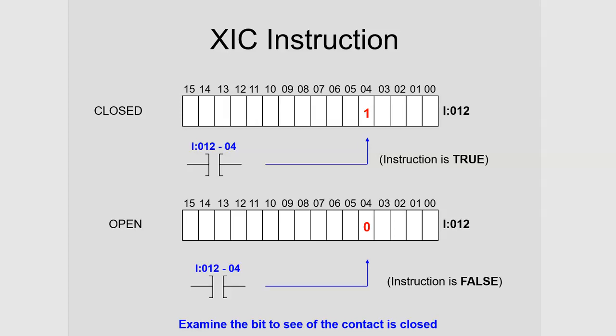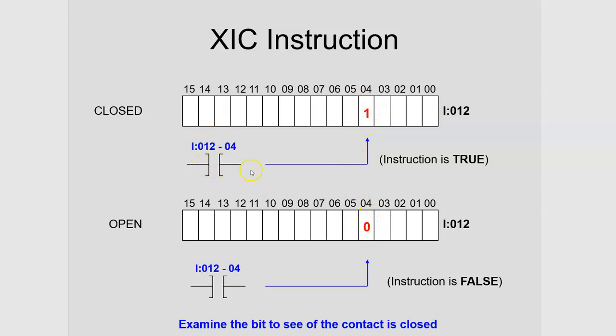It's labeled 0 through 4, so it would actually be the 5th one. But on the input module, there are a set of screw terminals, and the one labeled 04 is the one where we have, let's say, normally we have a switch hooked to it, and if that switch is closed, there will be a 1 stored in this cell. If that switch is open, there'll be a 0 stored in the cell, as you see below.